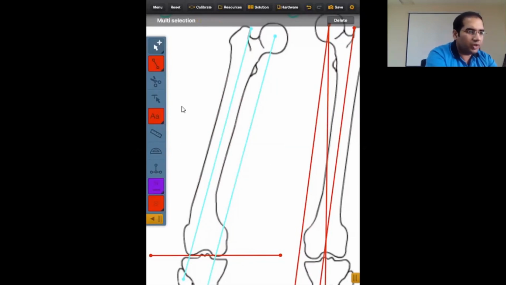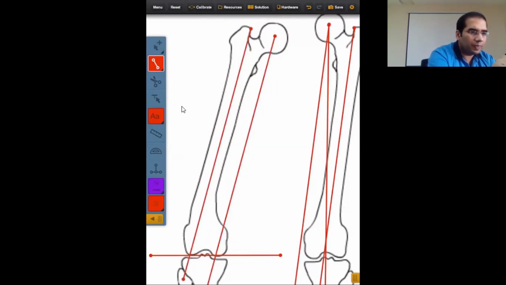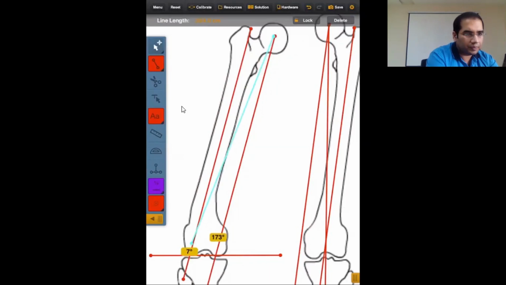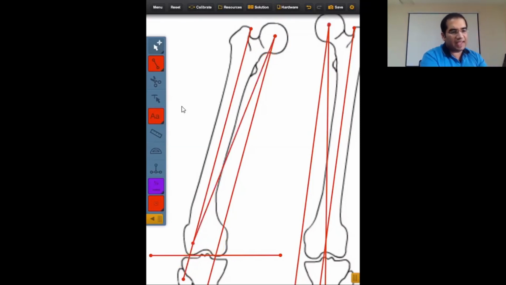So this is going to give me the mechanical axis of the femur. As we all know, in this case, the proximal angles were normal.